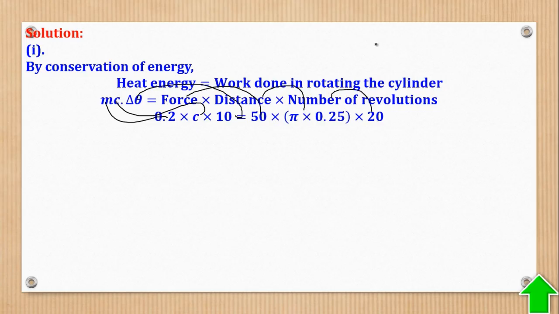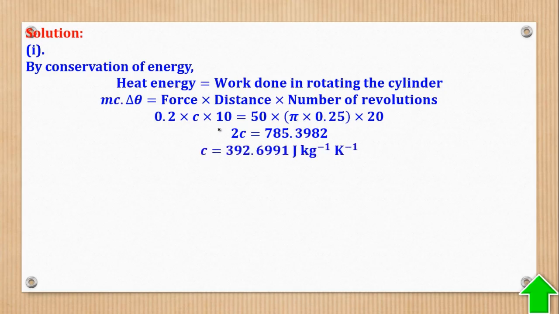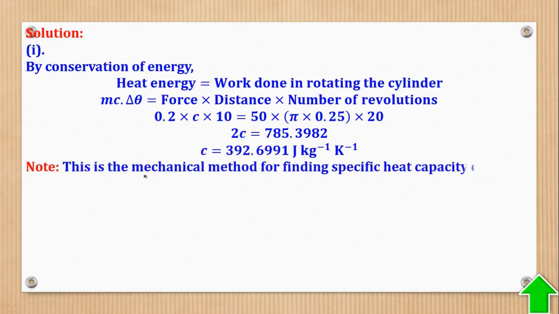So distance is the circumference. That is why there is pi d. Then from there we shall simplify and make C the subject, and that is what they wanted. So this method is what we call the mechanical method of finding the specific heat capacity of solids.